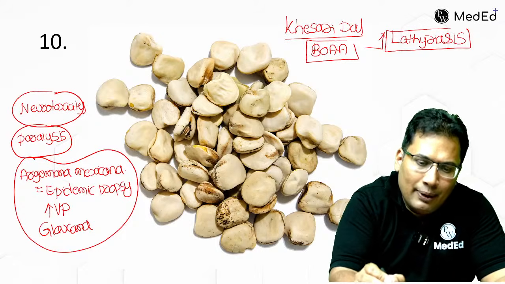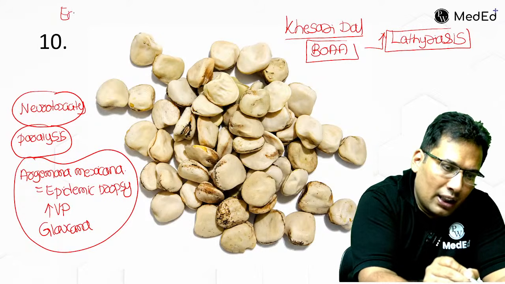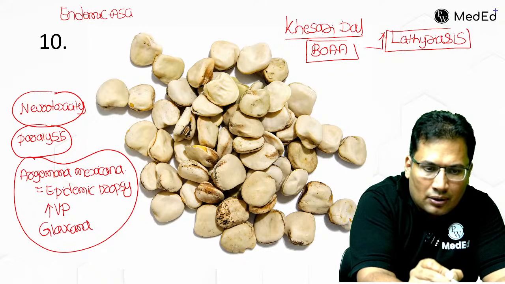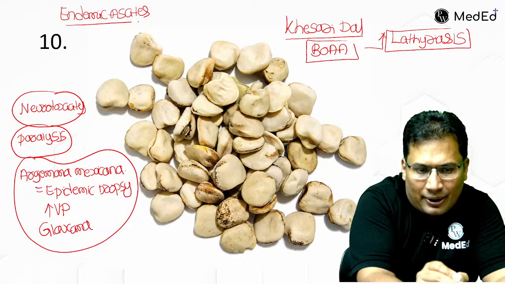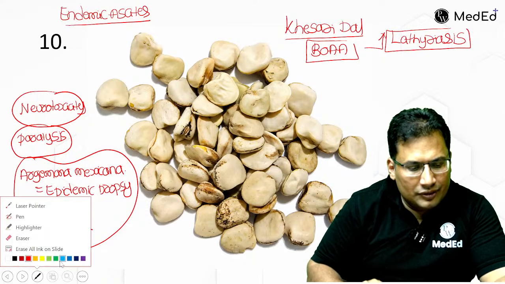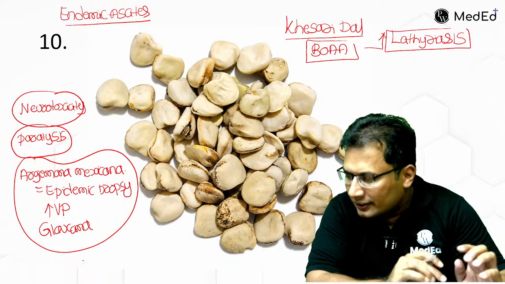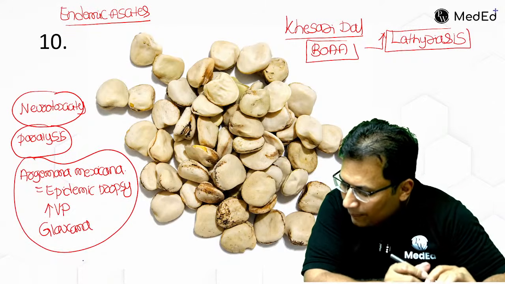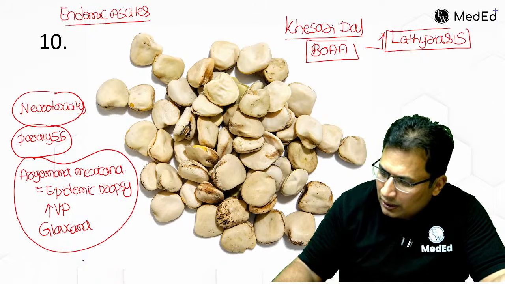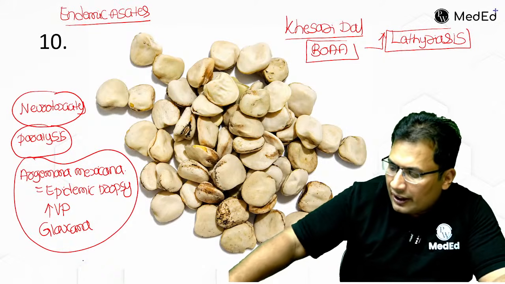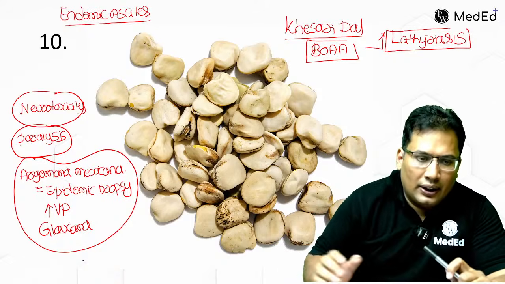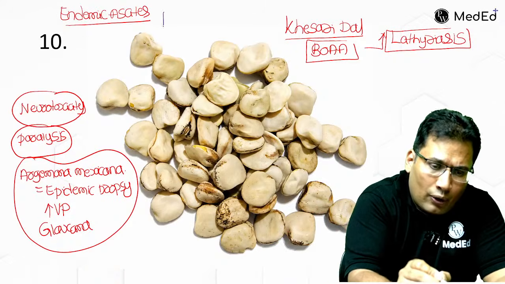One more, endemic ascites. Can anyone tell me what is endemic ascites? What is the toxic principle that leads to endemic ascites? Yes, come on guys. Are you tired? Rakesh, Akash, Ranjan, batao, jaldi batao. You need to answer now. This is very, very important question. Endemic ascites is caused by pyrrolizidine alkaloids.